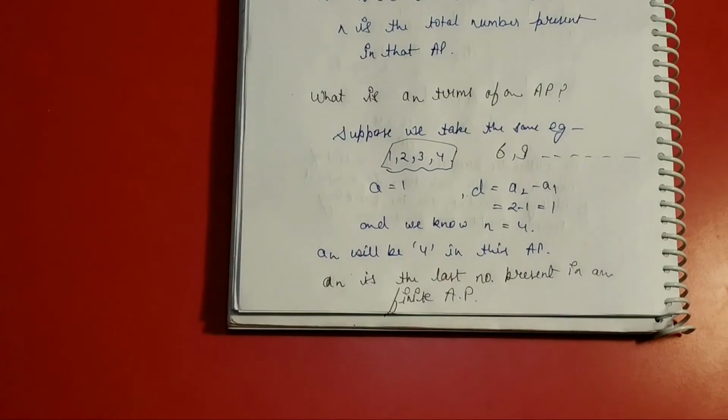So there are 2 types of AP, finite AP and infinite AP. The last term of a finite AP is known as the an term. Now we will discuss the formula of the an term.